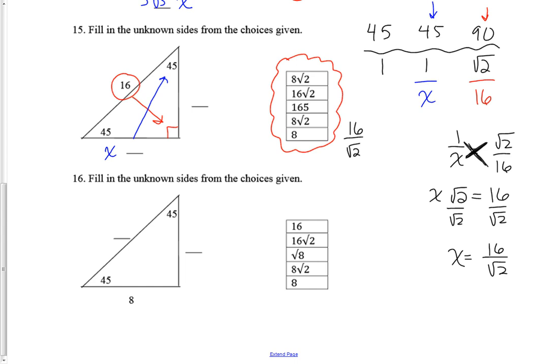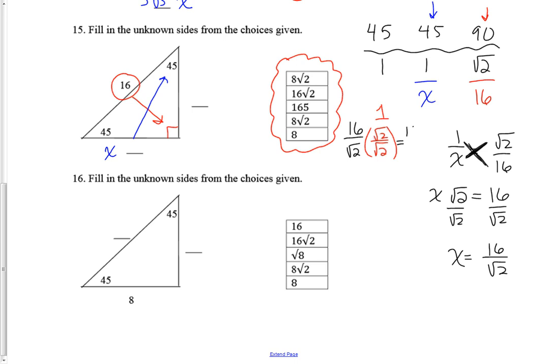But the only thing I can do is multiply by a 1, the number 1, but in a silly version. So I'm going to multiply by the square root of 2 over the square root of 2. That number is really just a 1. I can multiply any number by a 1, and it won't change the value. It might change the way it looks, but it's still the same number.